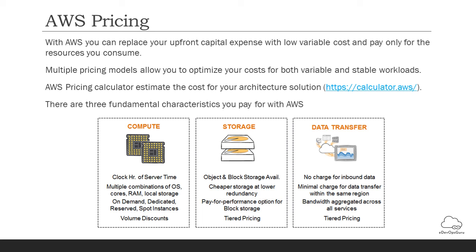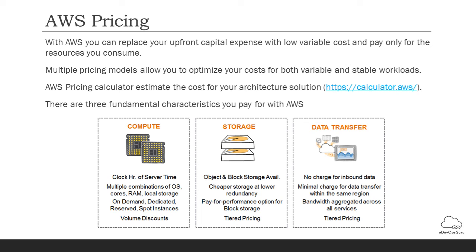Okay, so there is also one application which AWS calls a calculator. I have shared this link. You can go through this link, and this will help you to estimate the cost of your architecture solution. For example, as we discussed earlier, we have shown a sample architecture.